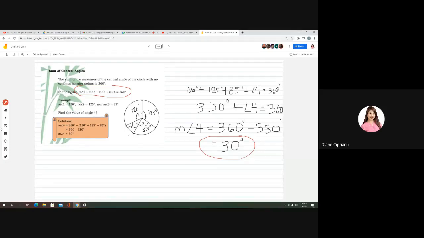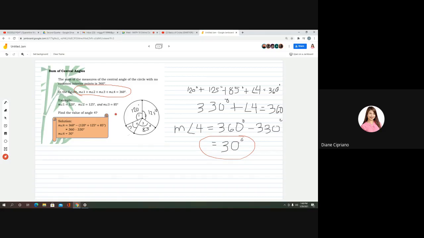Okay. So, again, to get the sum of our central angle, the value of our degrees is always 360 degrees. So, our formula is to add all the given angles and equate it to 360. In this case, the angle is just divided into 4 measurements.